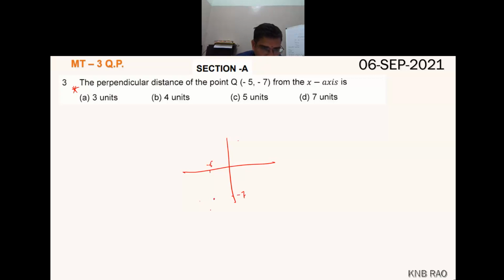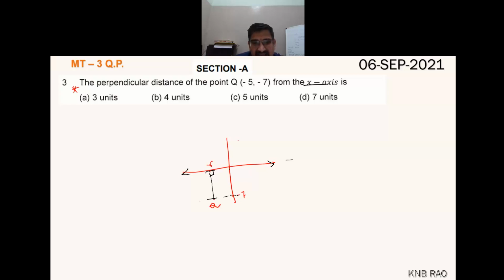This is Q. Now what is it that they asked? From the x-axis, what is the perpendicular distance dropped? If I drop a perpendicular from this point to the x-axis, automatically this distance they are asking.